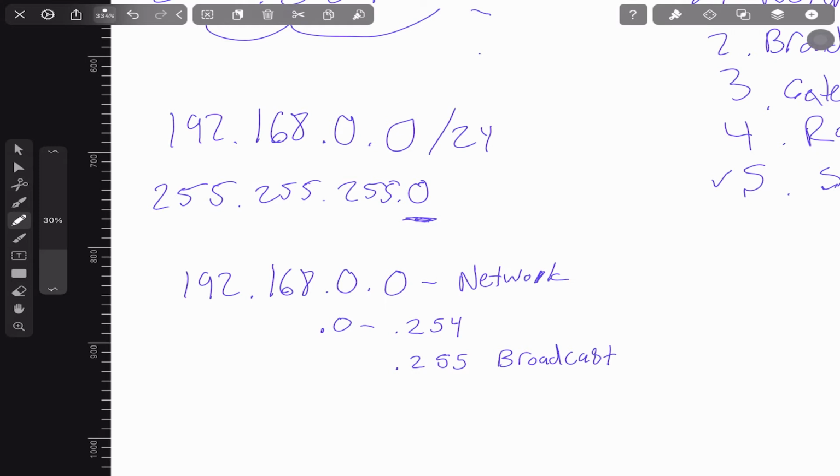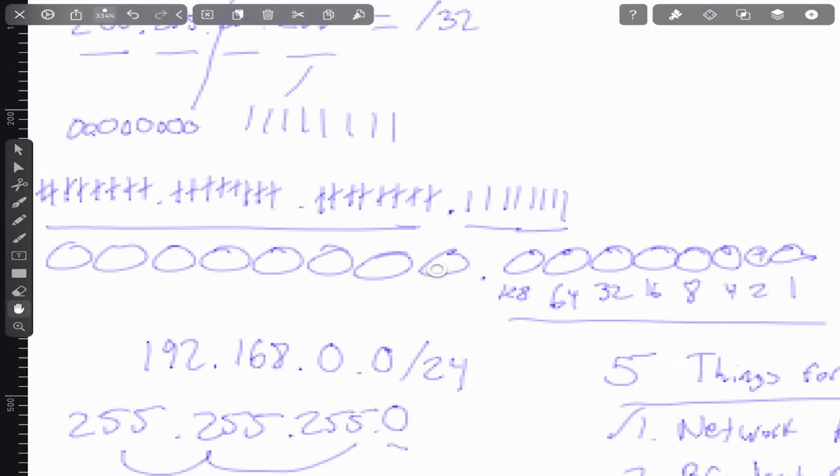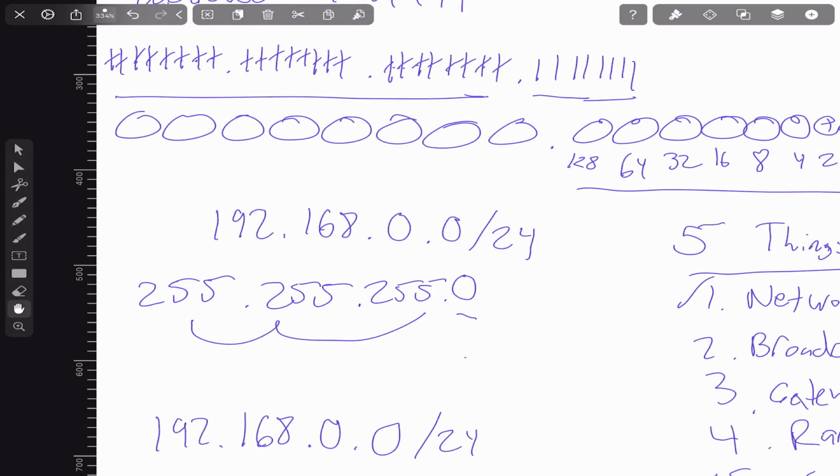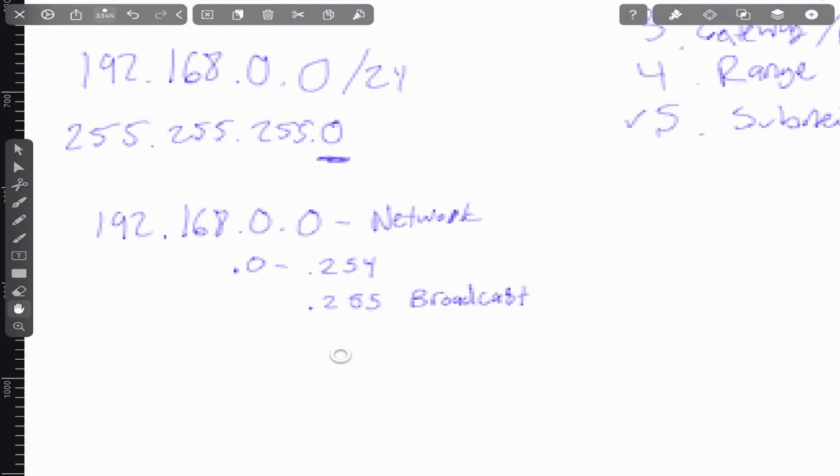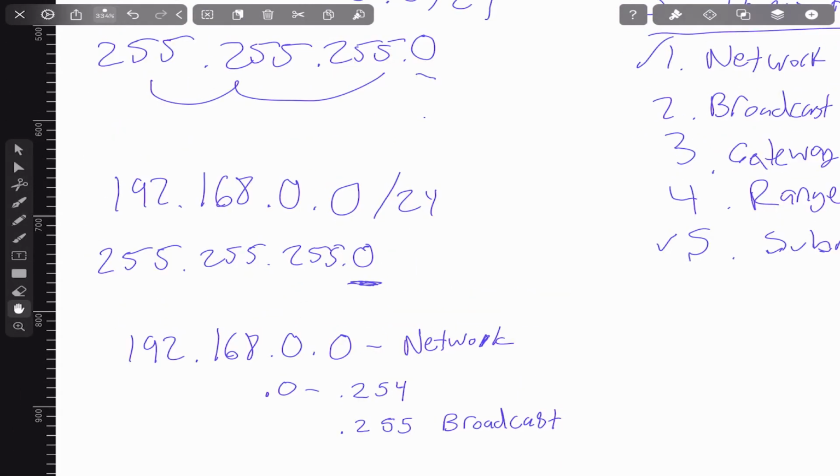And .255 is the broadcast address because you can go and look at just this last octet. With this addressing scheme, 255.255.255.0, that subnet mask tells the computer that we know this 192.168.0, those 3 octets, are not going to change.